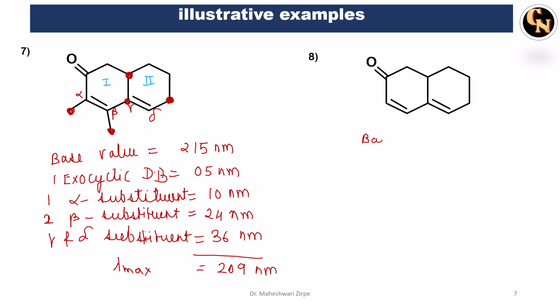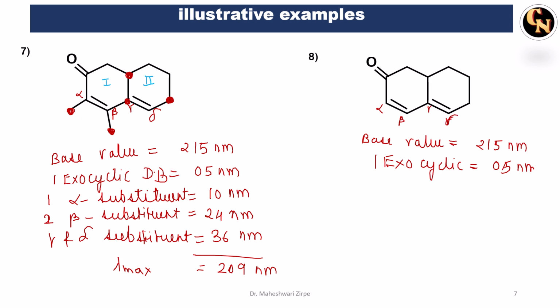Similarly you can solve the eighth one. Let us do it fast. The base value is how much? 215 nanometer. Then one exocyclic double bond, for this you will add 0.5. Let me write alpha, beta, gamma and delta.